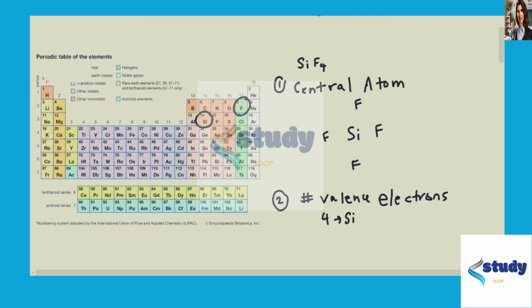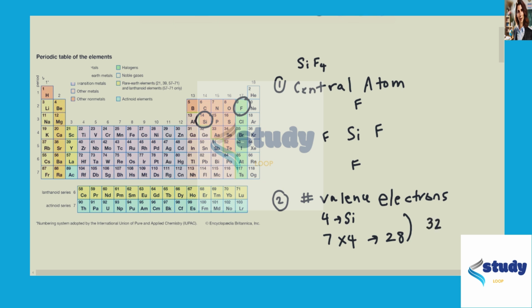So therefore, silicon will have 4, right? And then we know that, like all of the group 17, the halogens, all of the halogens will have 7 valence electrons. So we have 7 times 4 because we have 4 fluorines, and that gives us a net total of 28 total valence electrons. So if we add those two together, we see we have 32 total.